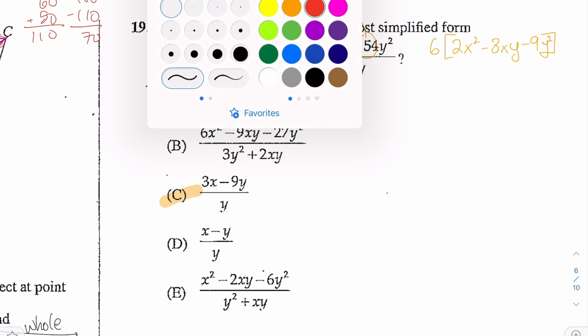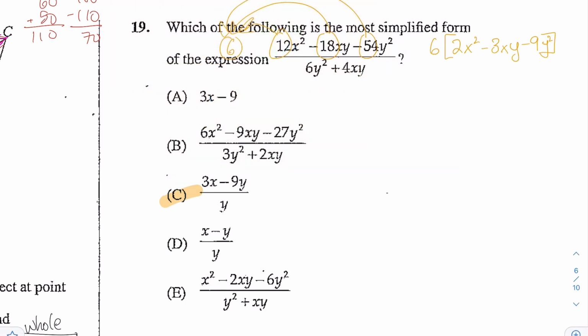Now for the denominator, you can factor out 2y. If you factor out 2y, you'll have just 3y first, because again, you're just dividing here by 2y. And for 4xy, if you divide that by 2y, you'll still have the 2 and the x.